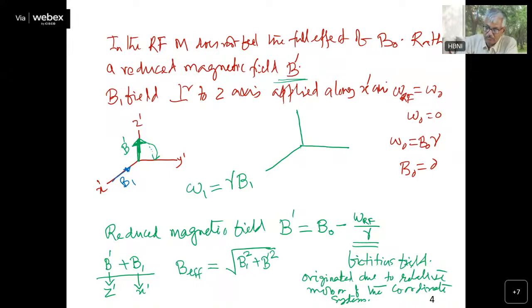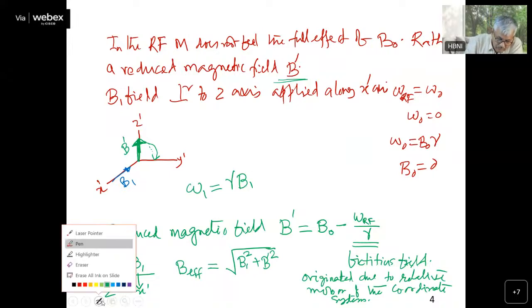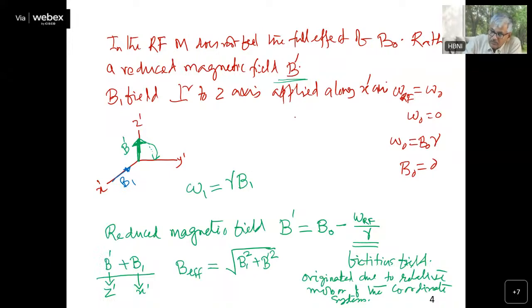I'll just draw only two coordinates now. This is your X prime, this is your Z prime. You have the applied B1 here, and you have the B prime.